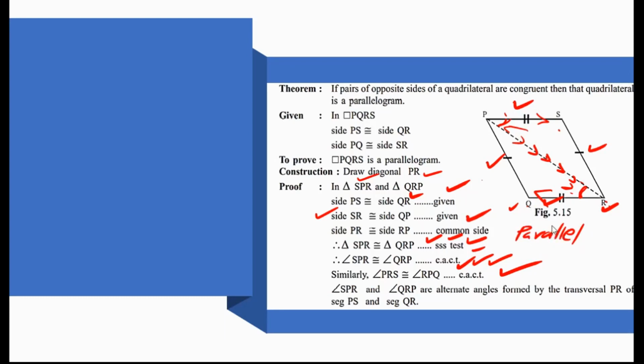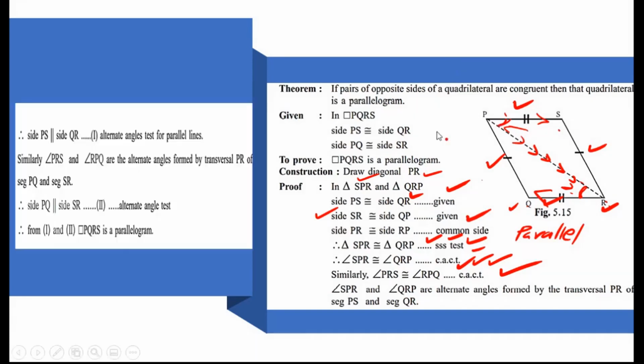Understood? When you can say that they are parallel, then another situation happens. PS and QR are parallel lines. The same way we can say this angle and this angle.